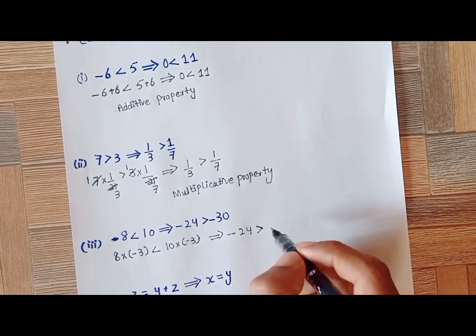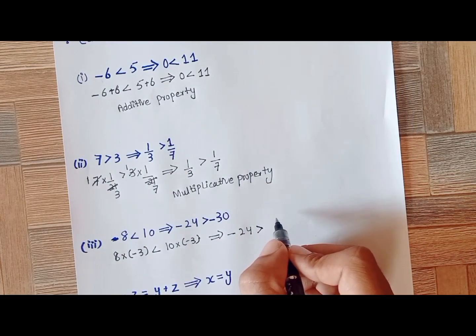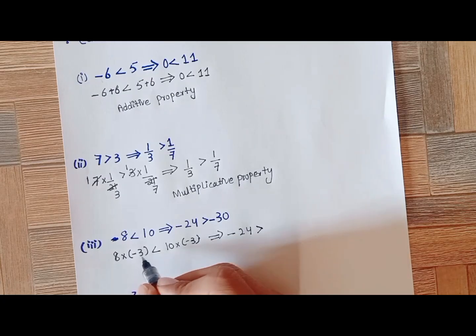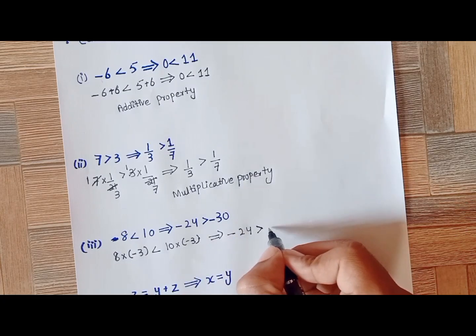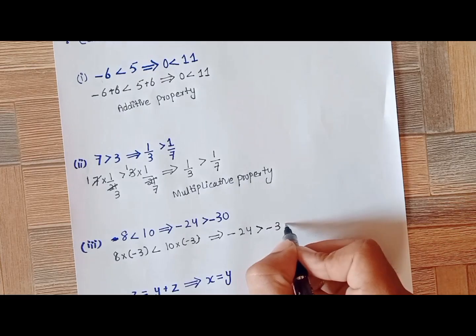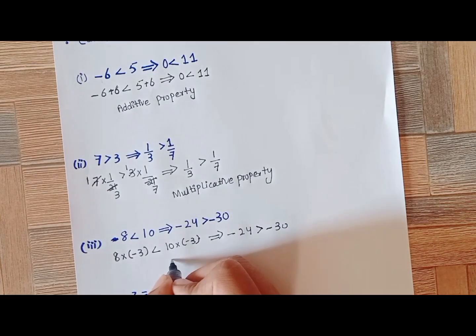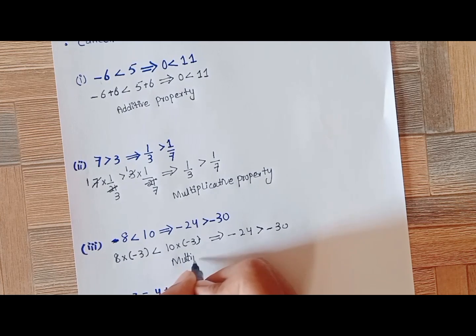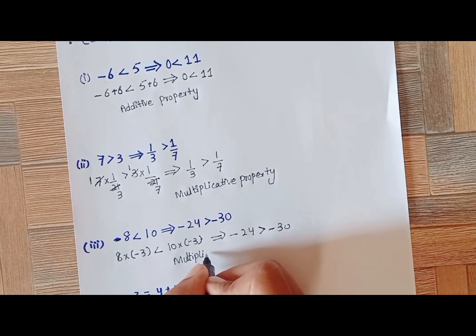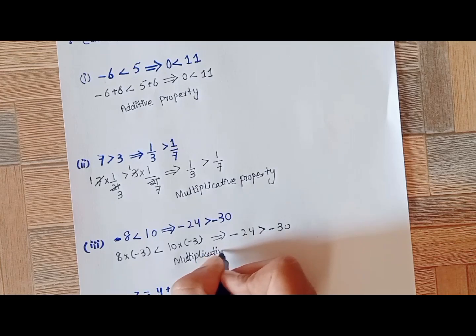Here I am changing the sign of inequality because a negative number, minus 3, is there. 10 multiplied by minus 3 will be minus 30. So here it is also the multiplicative property.